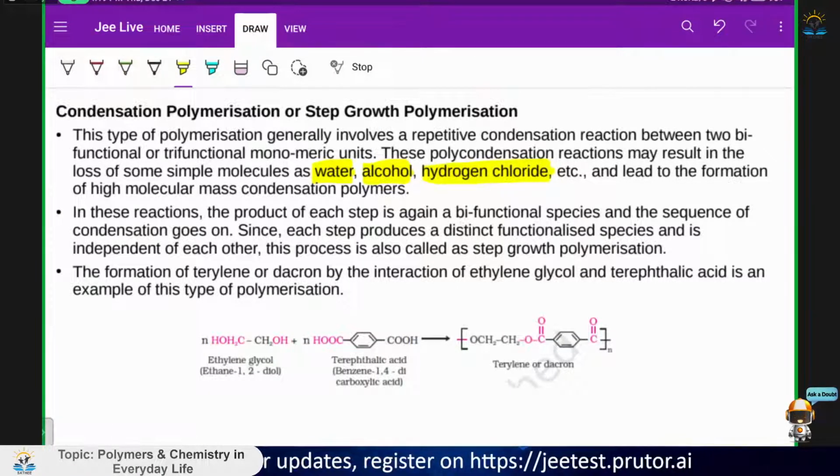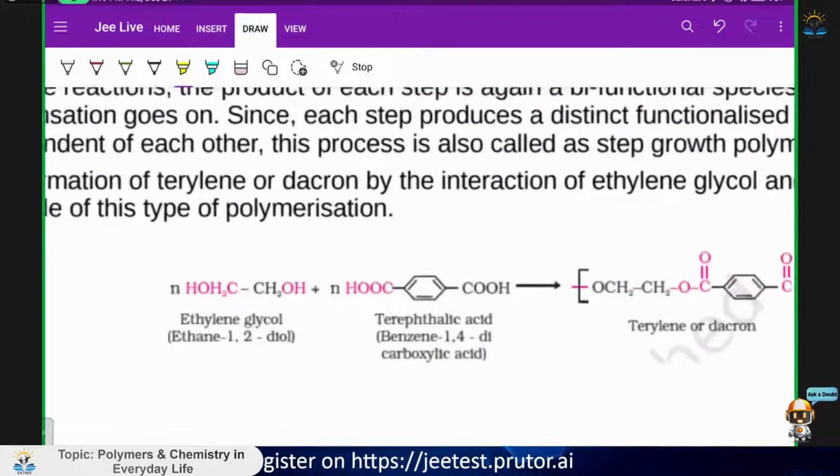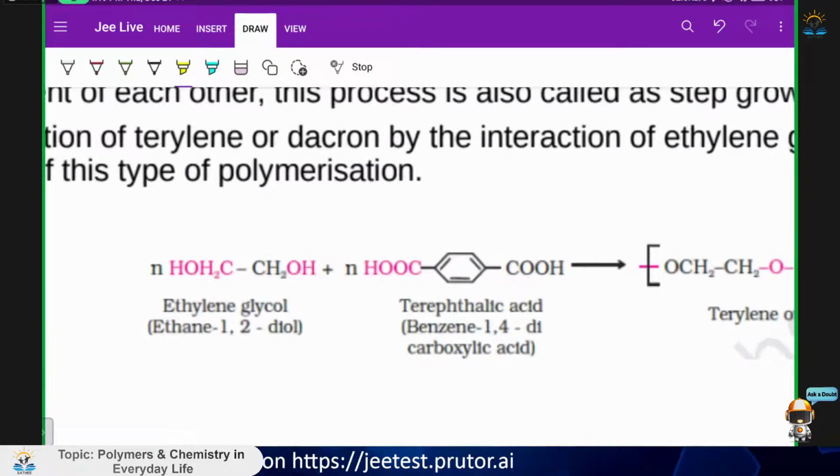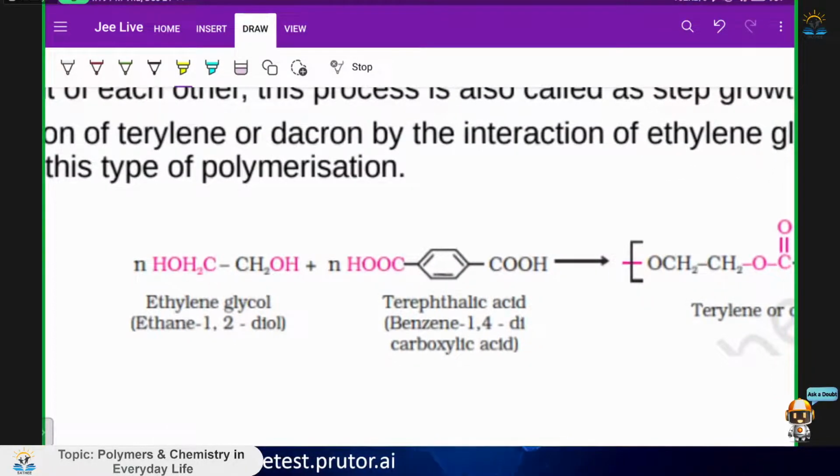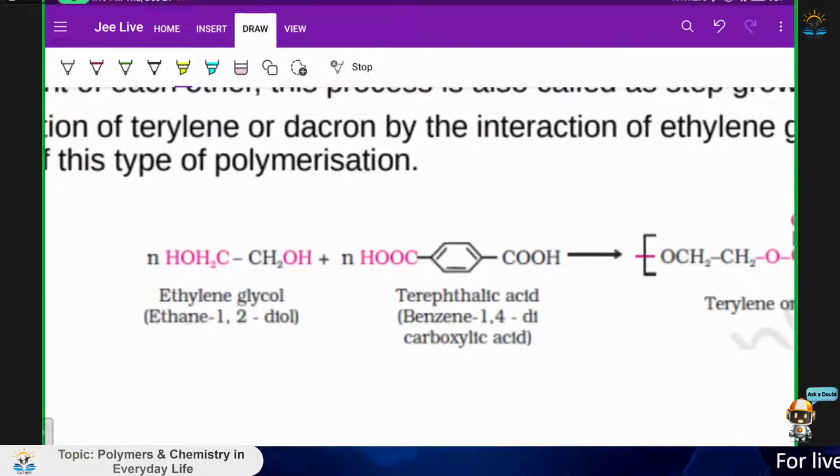Here we have the example of Dacron or Terylene, and how it is formed from ethylene glycol and terephthalic acid. We can see ethylene glycol has an OH group on both sides and terephthalic acid has a COOH group on both sides. So they are bifunctional groups. What happens here?